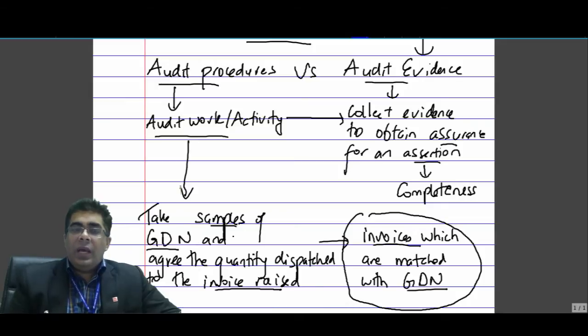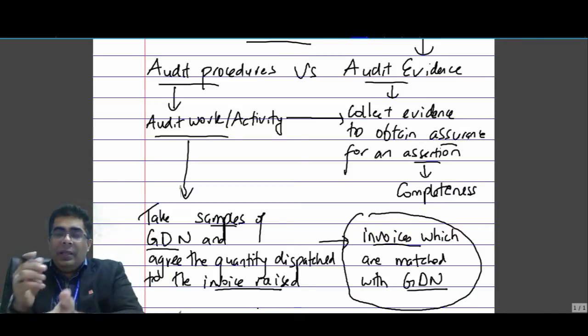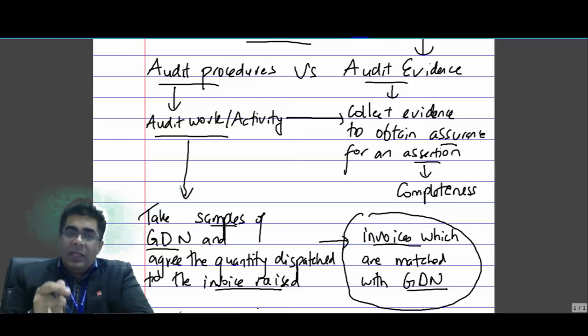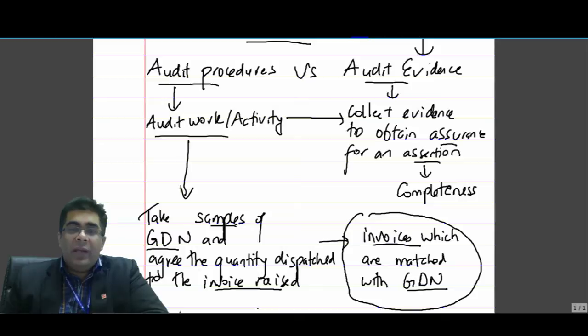How do I do it? I have to take samples of those GDNs, and then I try to agree those figures. For example, I see 20 units being dispatched. I would like to find out, were the same 20 units invoiced, has there been a corresponding invoice? Whatever invoice I match with the GDN, I staple together and put in my audit working file.